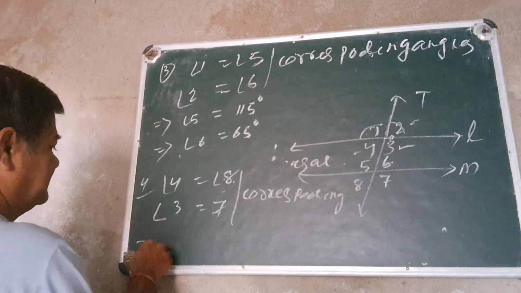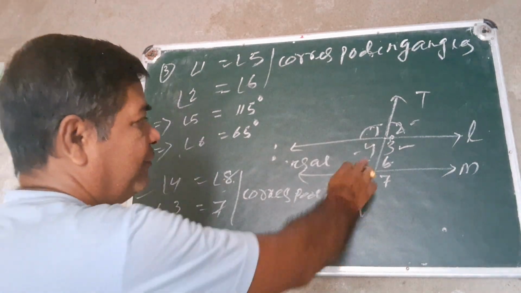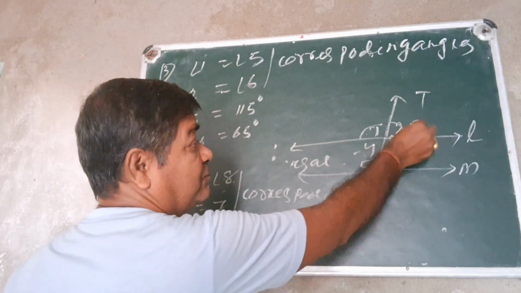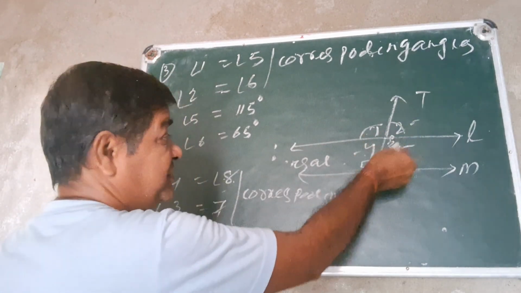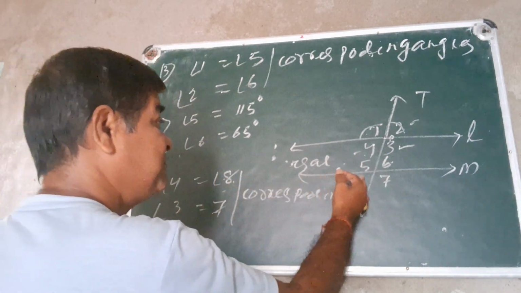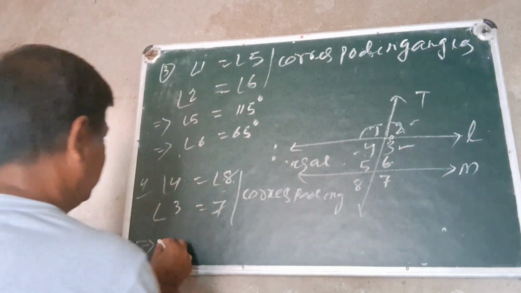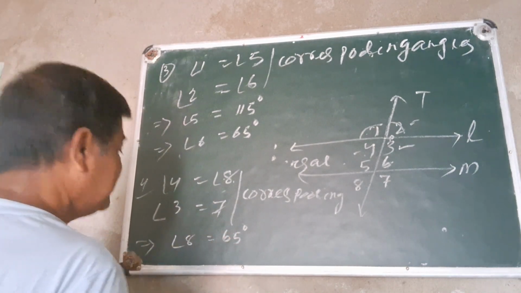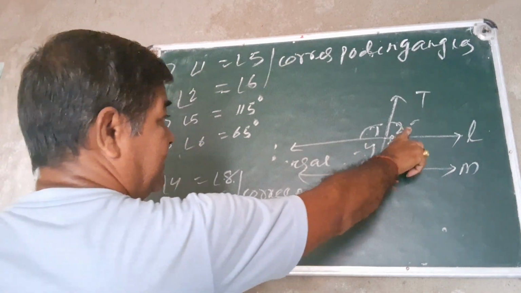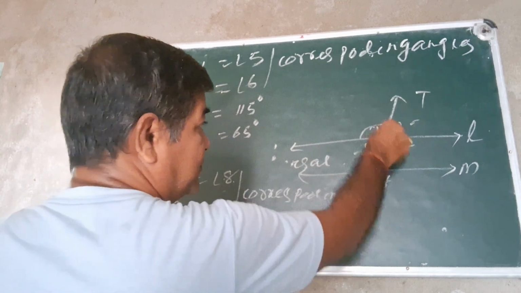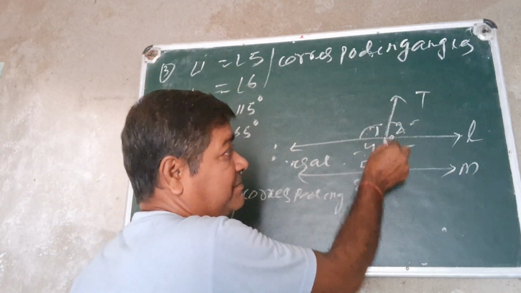That implies angle 4 equal to angle 8. Angle 2 is given 65, that means angle 4 is 65. Angle 4 equal to 65 means angle 8 is also 65. Similarly, angle 1 equal to angle 3, vertically opposite.